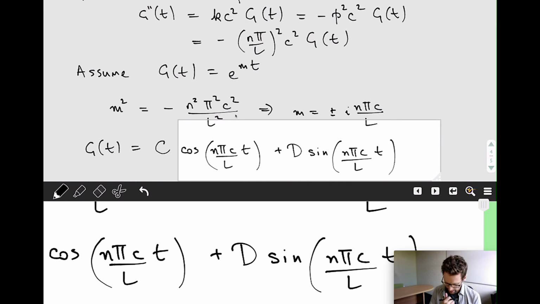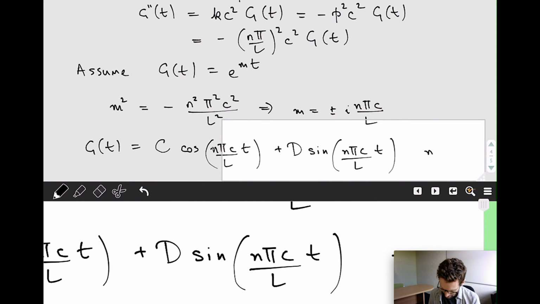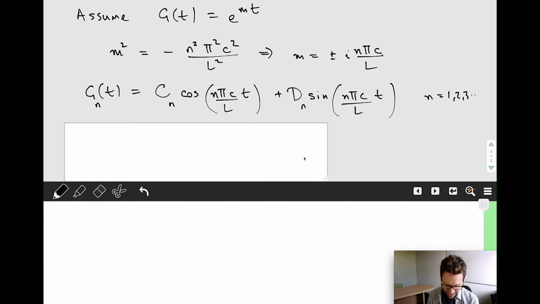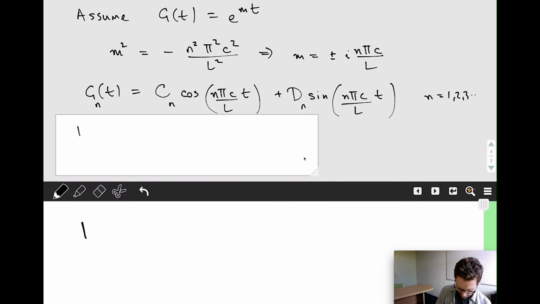Now you notice here that this is the solution, g of t, for this particular value of n, and we know that n can take values 1, 2, 3, and so on. So I'm going to put little subscripts here, g sub n, c sub n, and d sub n, because those functions and those coefficients will be different depending on what n is. Now, to figure out what c and d are, I'm going to have to use my initial conditions.